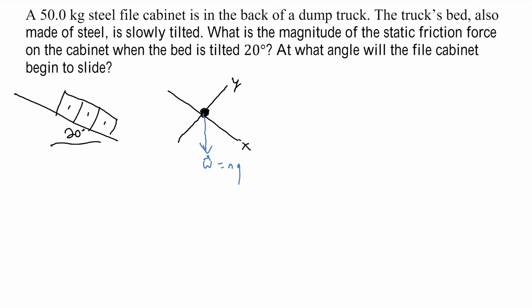Now what? The normal force is going to be directly along the line. Normal is directly along the y-axis. So in the negative direction along the x-axis, this would be F sub S. The file cabinet is not moving.